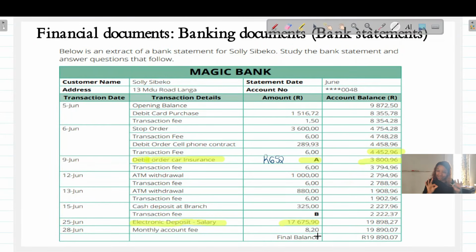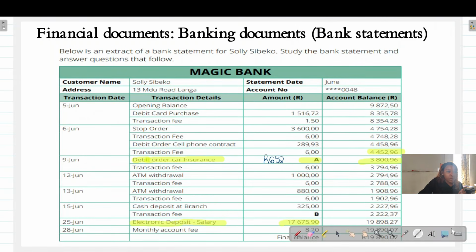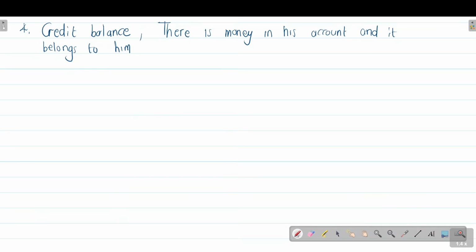He basically is very money savvy. So he's got 19,890.07 in his account. Therefore, we can see that it is actually a credit balance because there is money in the account and that money belongs to him. So it is a credit balance. That is exactly what we are going to write there.